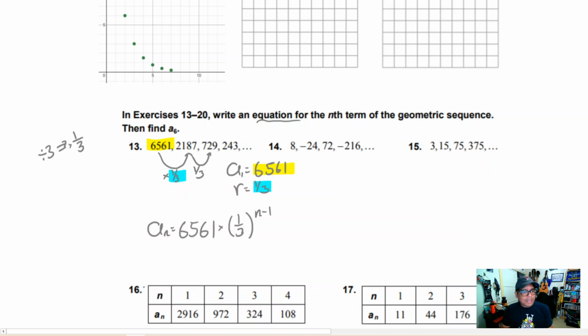Next, let's find the sixth term here. That's going to be 6,561 multiplied by 1/3 to the 6 minus 1 power. We'll go over to Desmos and we'll evaluate that.